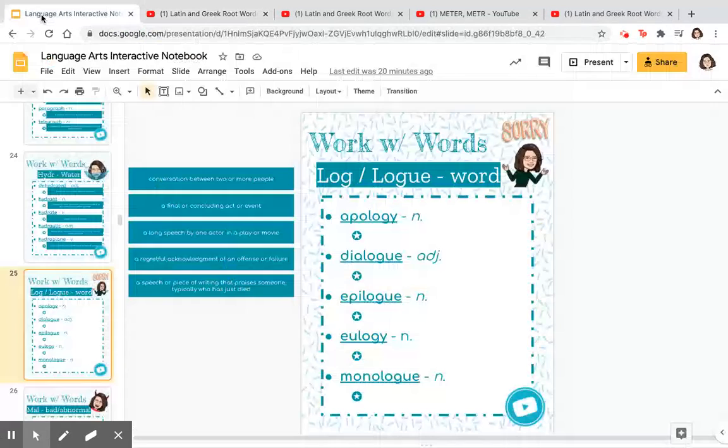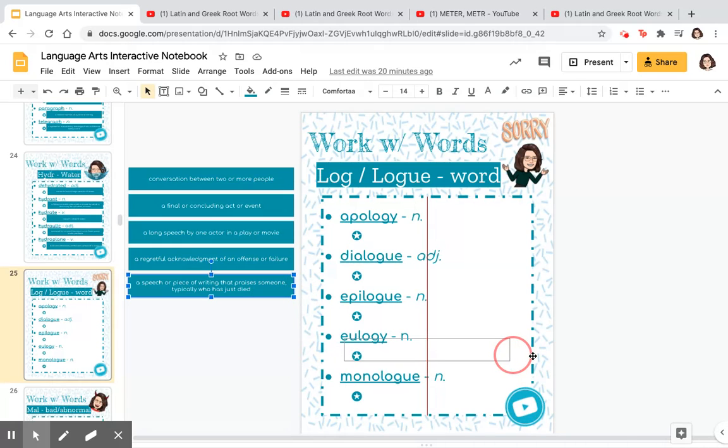Now looking at our language arts notebook, we have an apology, dialogue, epilogue, eulogy, and monologue. So, we already know, watching that video, that a speech or piece of writing that praises someone, typically who has just died, is called a eulogy.